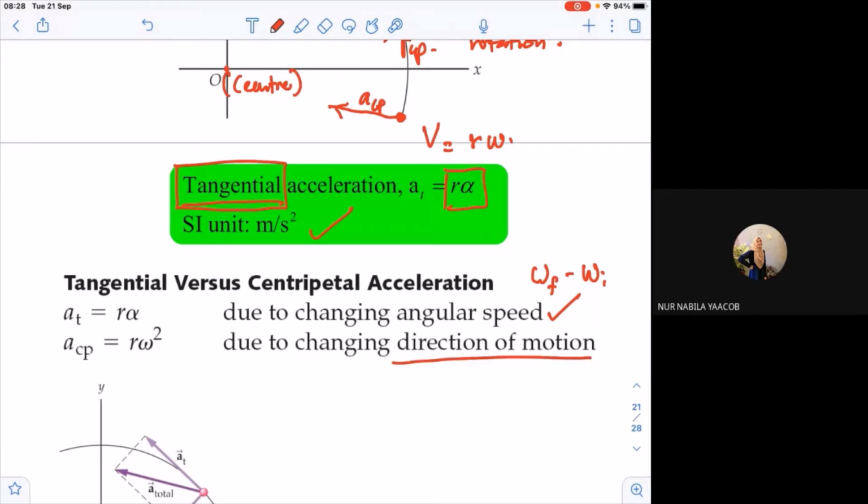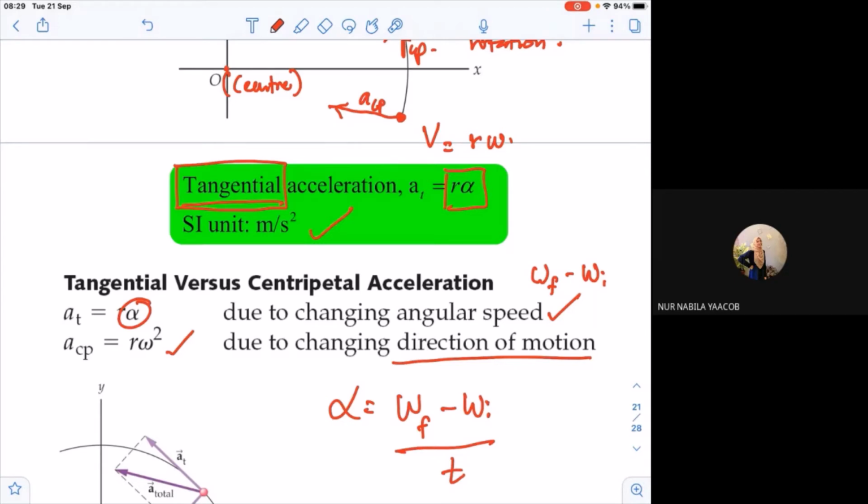If you look carefully, ACP is just r omega squared, but for the tangential acceleration, r alpha, alpha is omega f minus omega i divided by t. That's why it is due to the changing of angular speed.